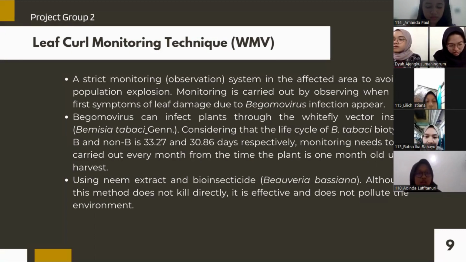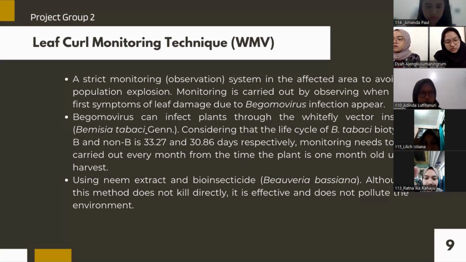Considering the life cycle of Bemisia tabaci, biotype B and non-B is 33 to 27 and 30 days respectively.